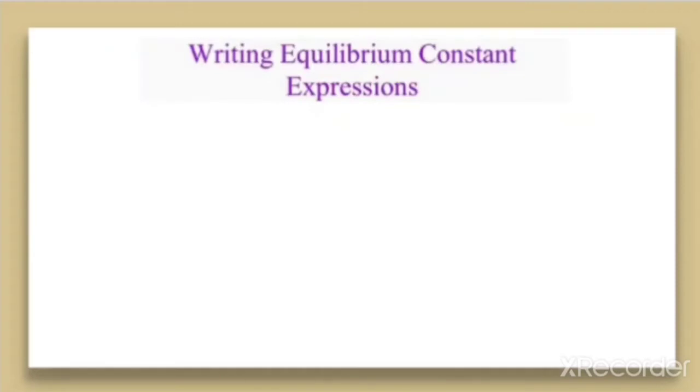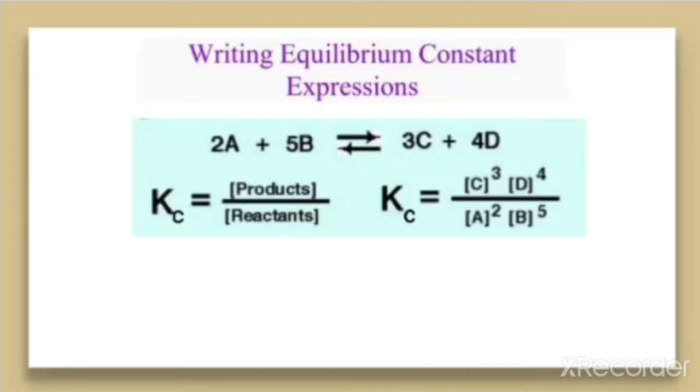For example, how do we make the expression for any reaction? For writing the equilibrium constant expression, let us take another example, a general case: 2A plus 5B giving rise to 3C plus 4D. Here these are in the state of equilibrium. That's why the two arrows are represented here, showing that it is in the state of equilibrium.